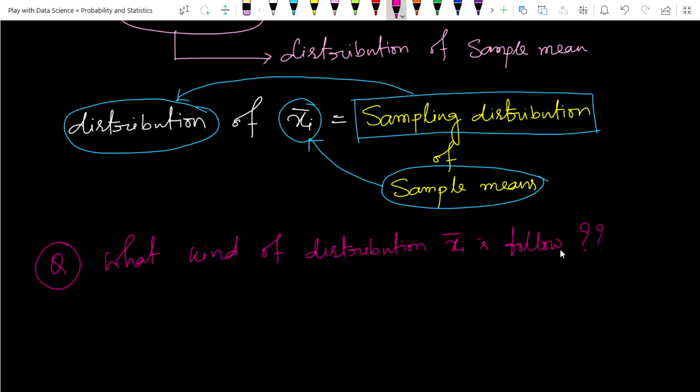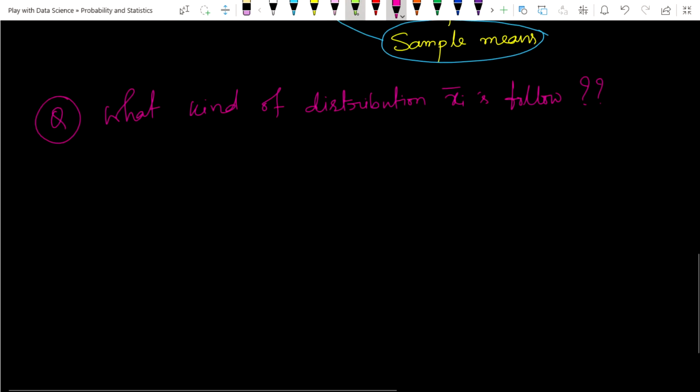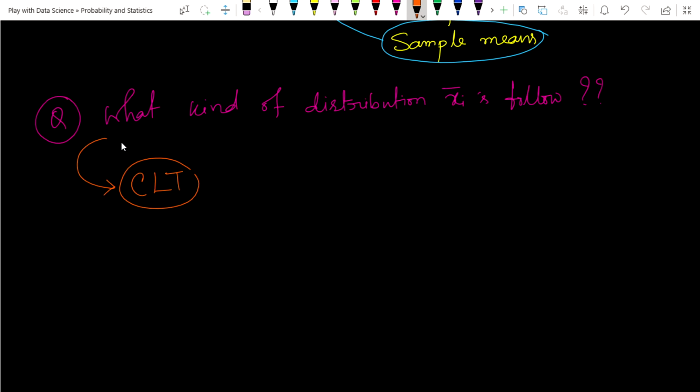This is the big question. To get the answer to this question, the central limit theorem comes into the picture.